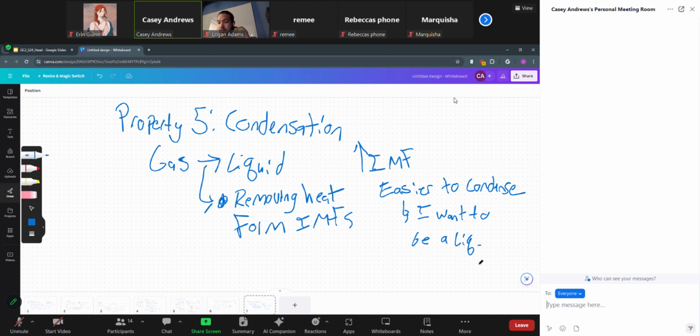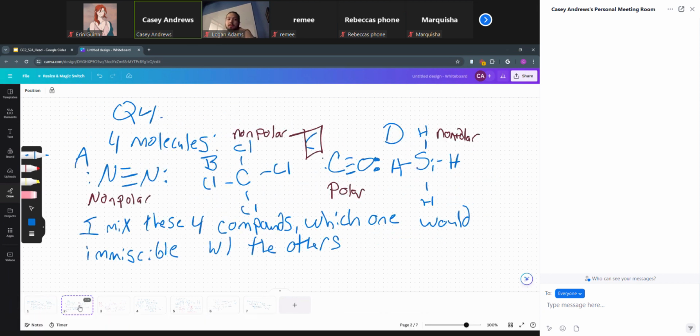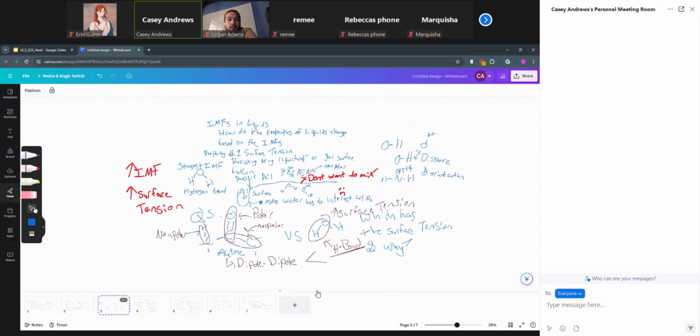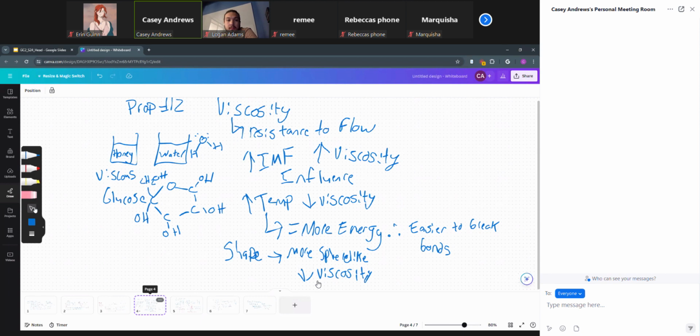Any questions about the five properties? I'll just do a quick review, refresher here. So the five properties were: surface tension, higher intermolecular forces, higher surface tension. Viscosity, higher intermolecular forces, higher viscosity.